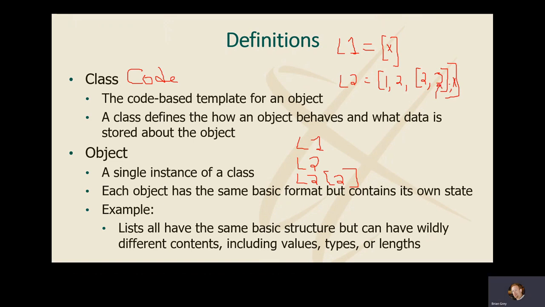The length will be different. This now will be 1, this will be 4, and this will be 3. They all follow the same template. They all follow the same format. They all have the same internal structures and external behaviors. But what is in each object, each instance, is different.